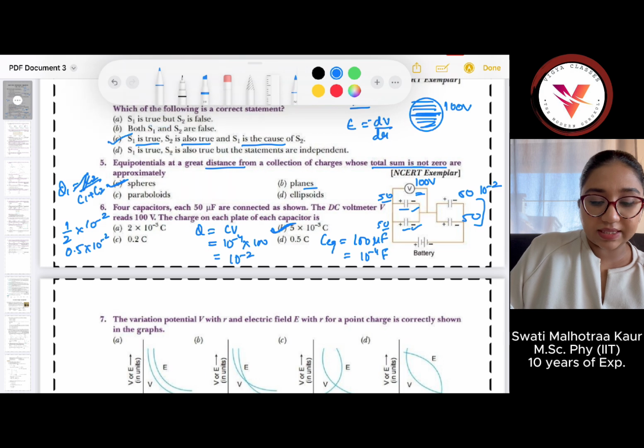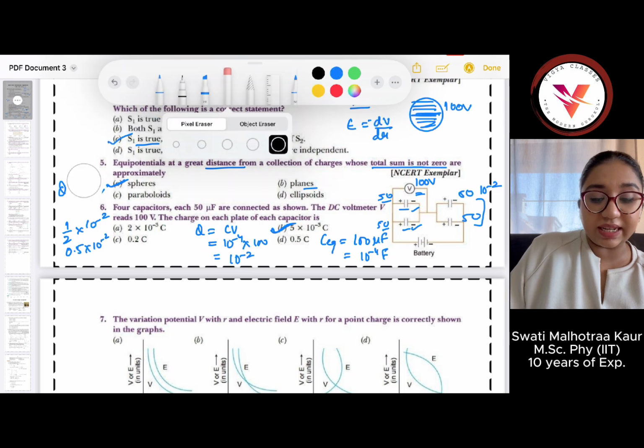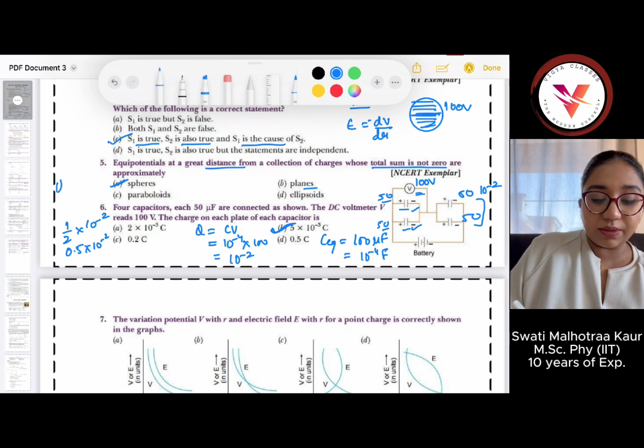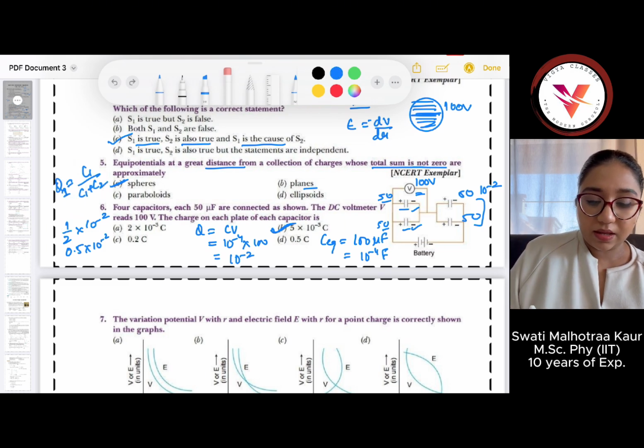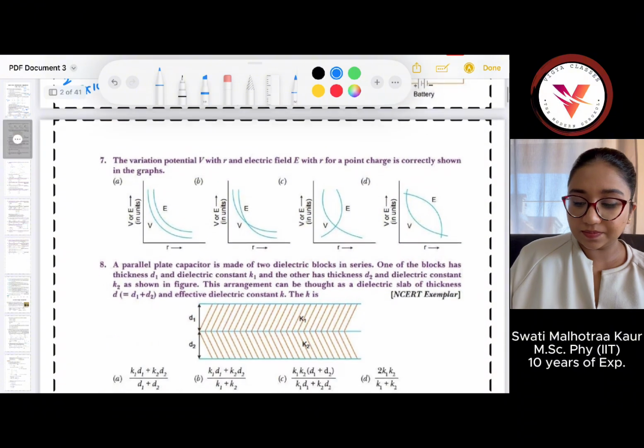Or sorry, C1 over C1 plus C2, because it has a direct relation. It's not inversely proportional. If it is inversely proportional, then C2. If you want to calculate charge on one, then you can put C1 above. It's like this. Okay. And since here the capacitor is the same, you can simply divide it.